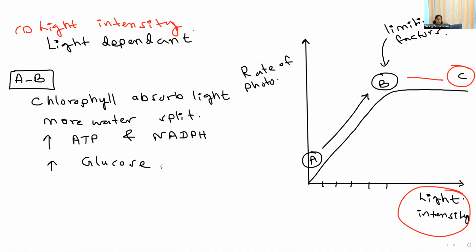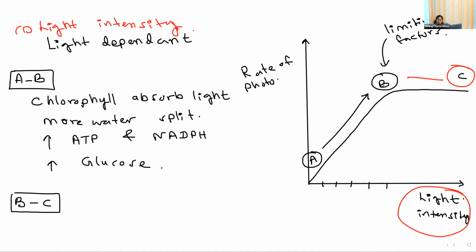This is a dot point. I have to know all the limiting factors. So as the light intensity gradually increases, the rate of the reaction also increases up to the point B. So this is the explanation for this increase.